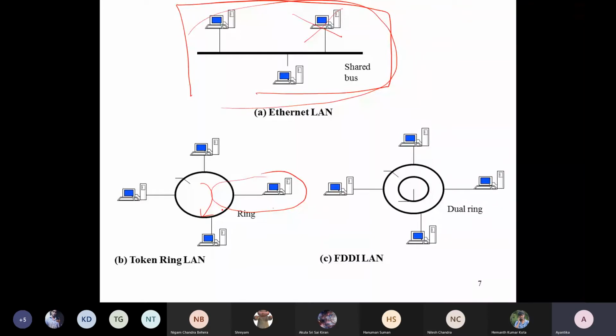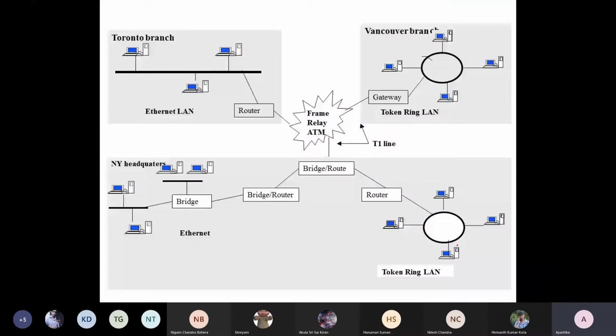Okay, and this FDDI LAN, I'm not talking about as of now. So based on that, when we are talking about general communication, now what is my idea about a communication network?